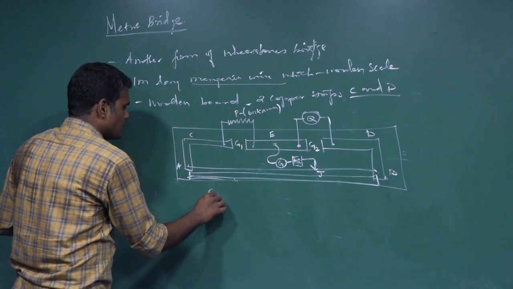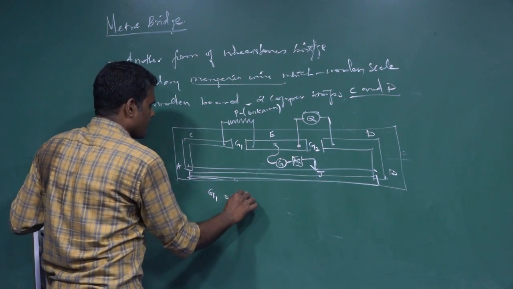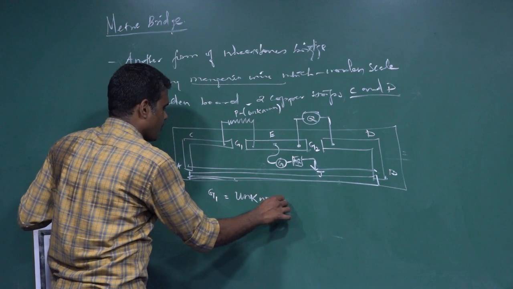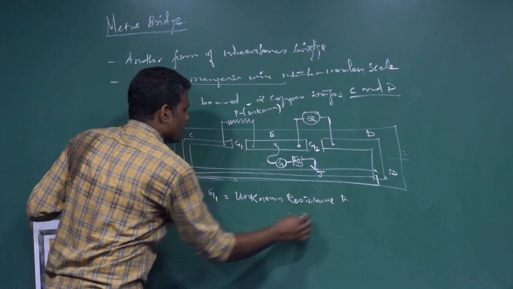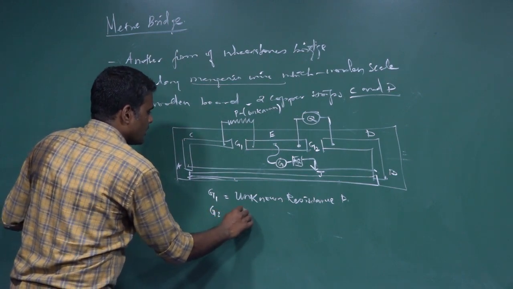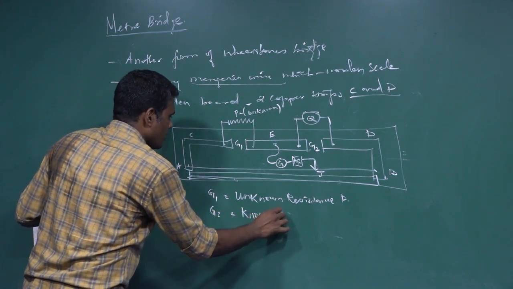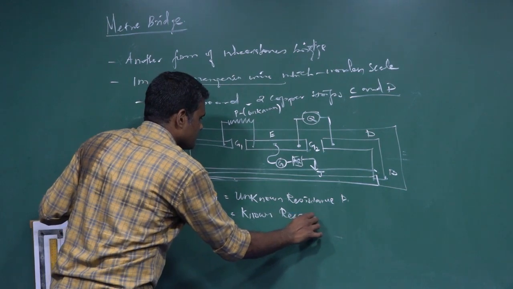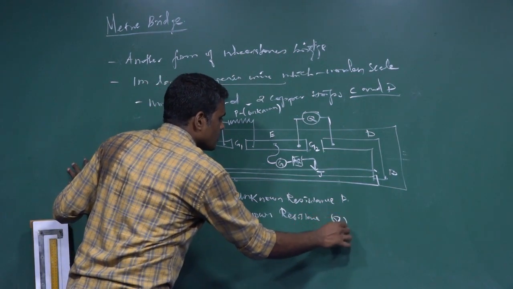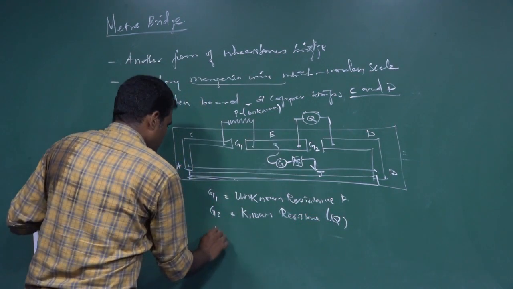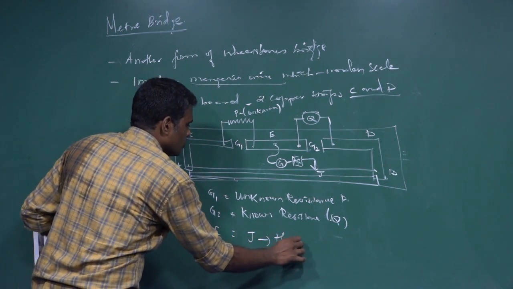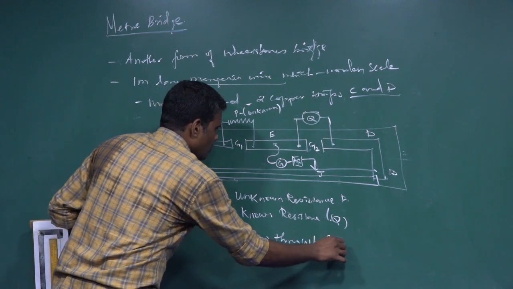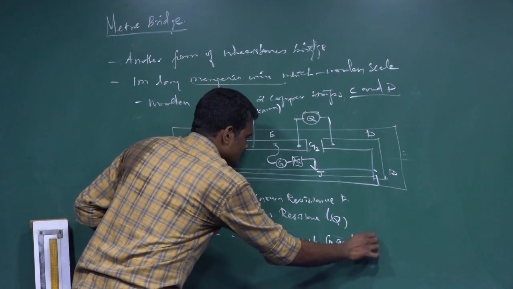So across the gap G1, you are connecting the unknown resistance P. Across the gap G2, you are connecting a known resistance Q. To the terminal E, you are connecting the jockey J through the galvanometer and a high resistance.